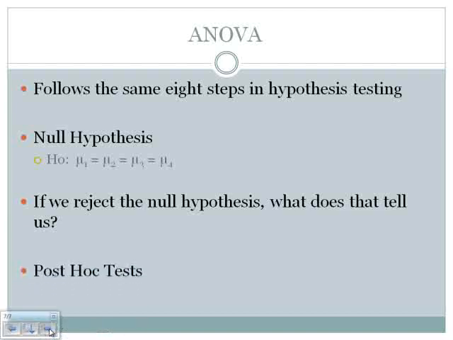Because of that, we have to do what are referred to as post hoc tests. Post hoc tests are tests that you would do that identify where the statistical differences are between your means. Another name for post hoc tests is a posteriori tests. So these are tests that you do after the fact. And another name for them is multiple comparison tests.